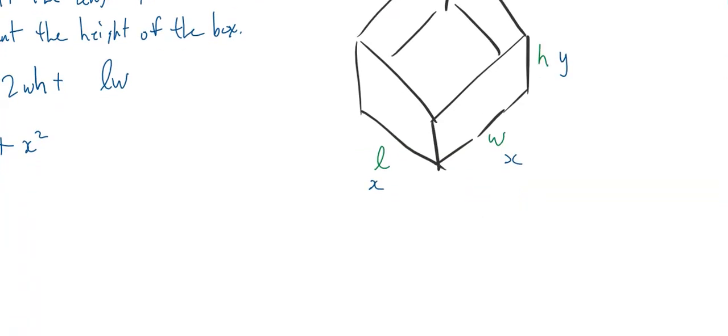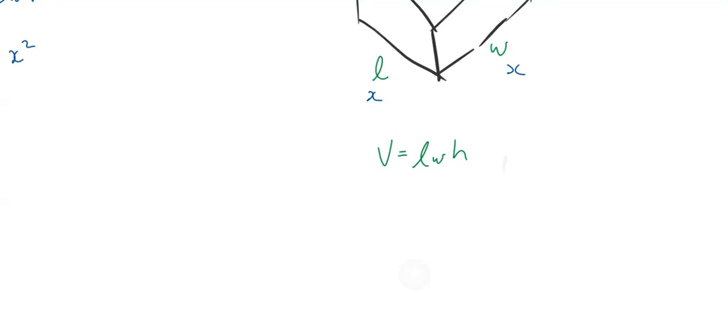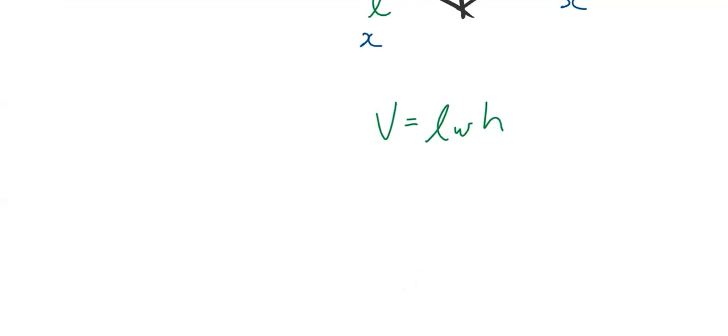And that's where we come over to the side, and it gives us the volume in this case. Volume formula, again, generally speaking, is length times width times height. So it gives us a volume of 2,000 is x times x, so x squared times y, because that's our height. And we're going to solve this for y.